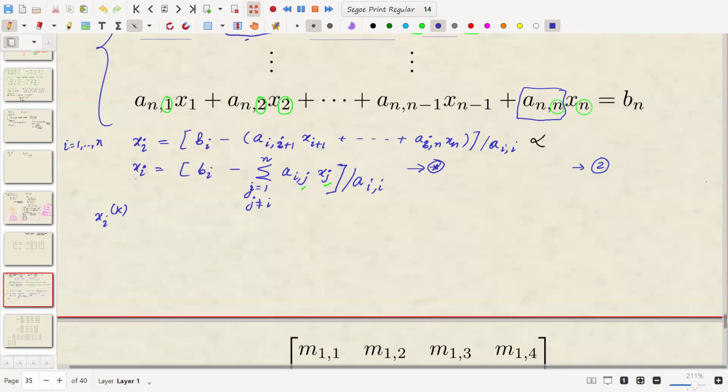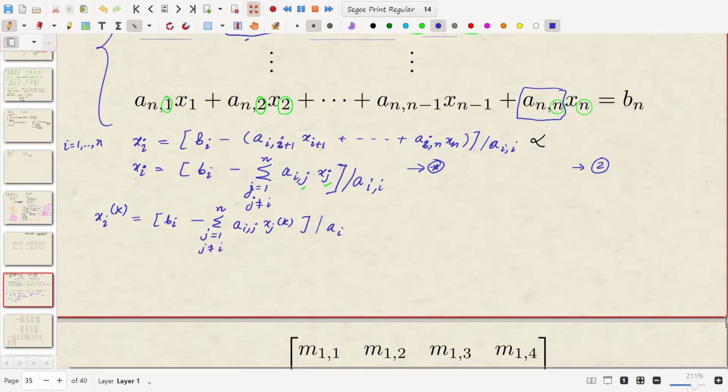The kth value is equal to bi, which is a constant and is not going to change, minus summation j equals 1 to n, j not equal to i, aij xj at the kth step, divided by aii, which also is not going to change.